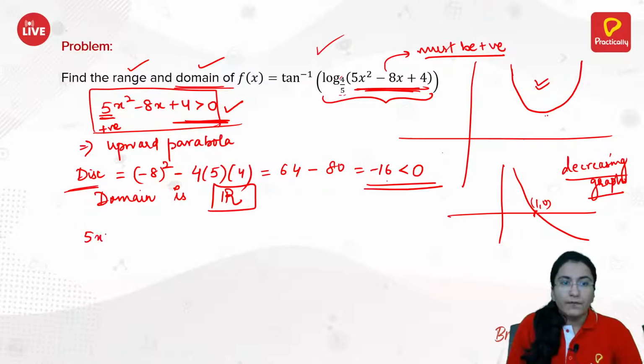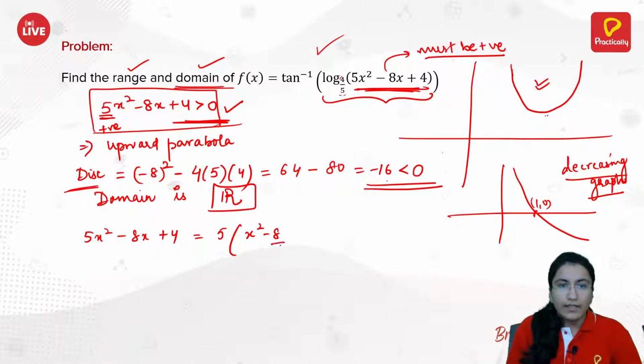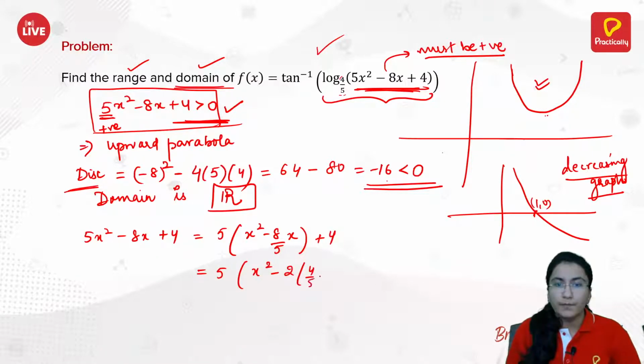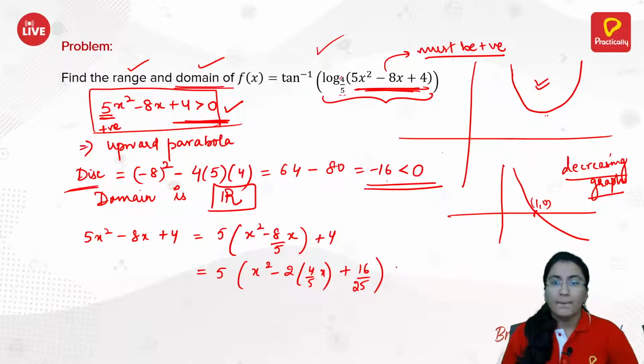We have 5x square minus 8x plus 4. So this can be rewritten as 5 into x square minus 8 by 5 into x plus 4 by 5, which can be rewritten as 5 into x square minus 2 into 4 by 5 of x plus 16 by 25, minus 16 by 25 plus 4 by 5.